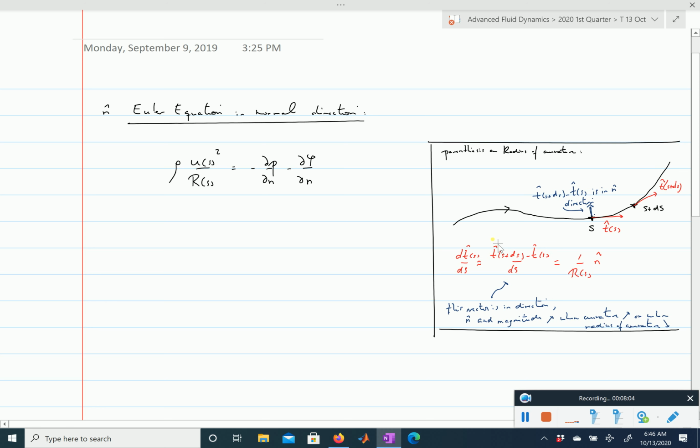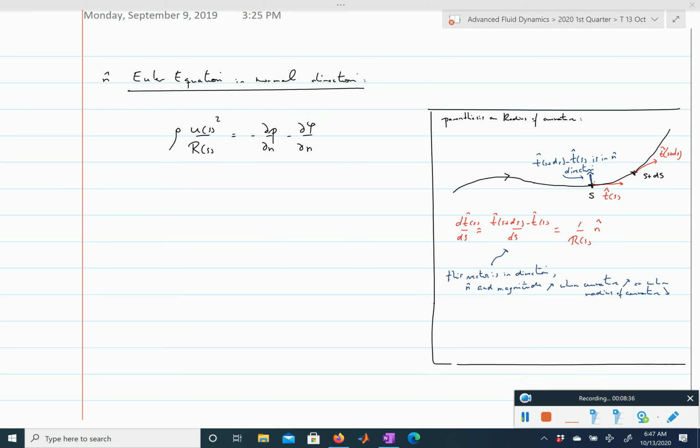So the difference between those two vectors is equal to the normal vector times a quantity which is related to the curvature, which is 1 over the radius of curvature. Now note that if the tangent vector curves upwards, so curves in this direction, then the radius of curvature is positive. But if it curves the other way around, then the radius of curvature is negative.